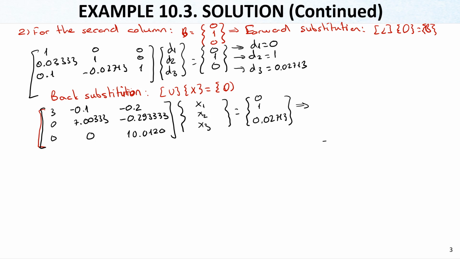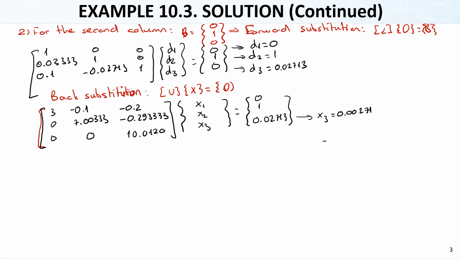So from back substitution, you can see, let's start from here. x3 is simply 0.00271. Actually, oh, sorry, we divided by 10.